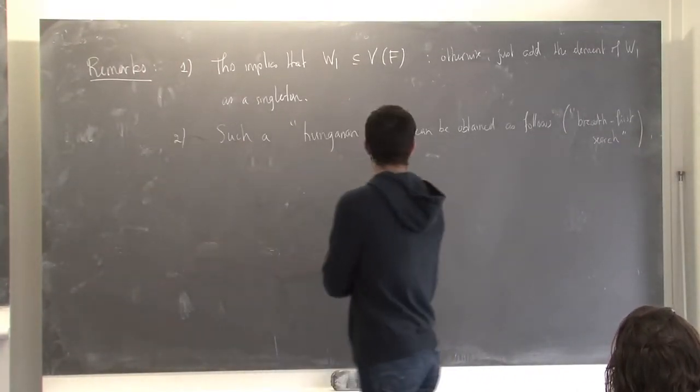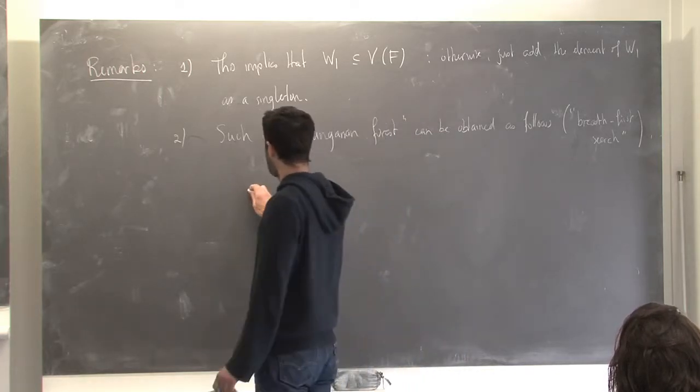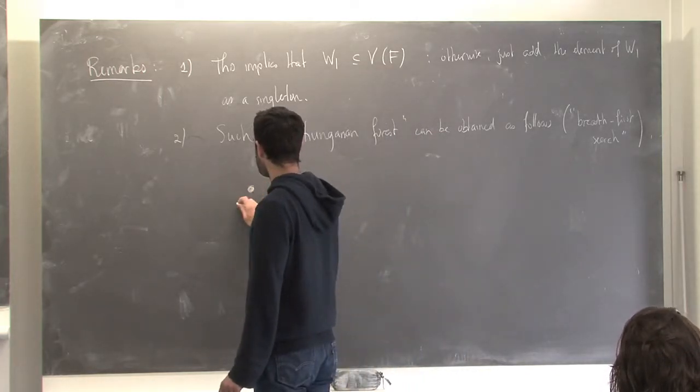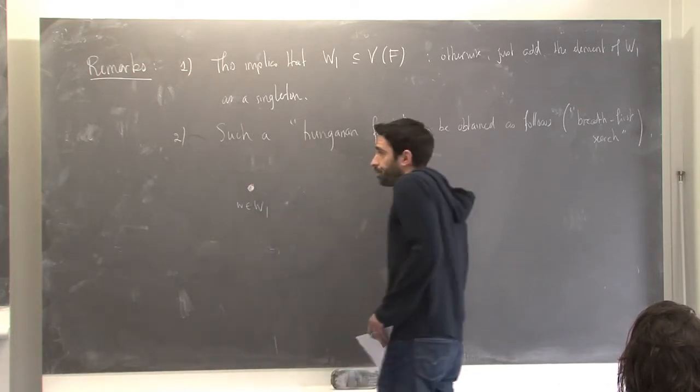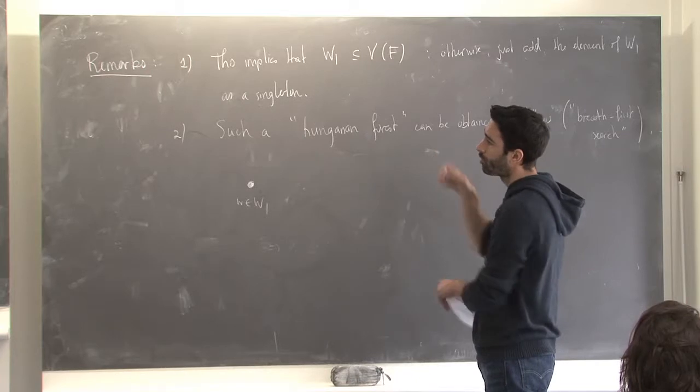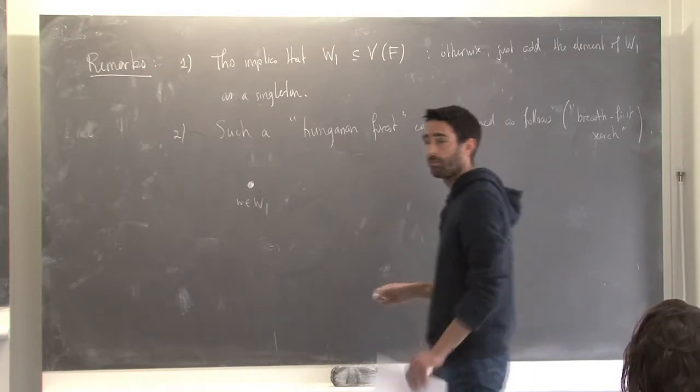So you can do it as follows. First, you take an element of W1. So it means you take an element that is not covered by your matching.